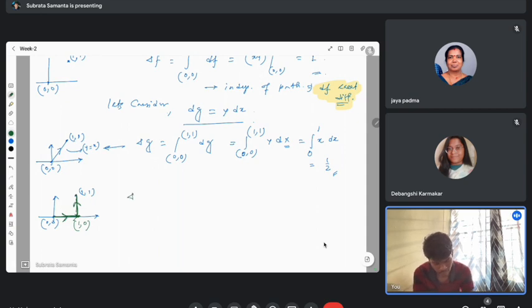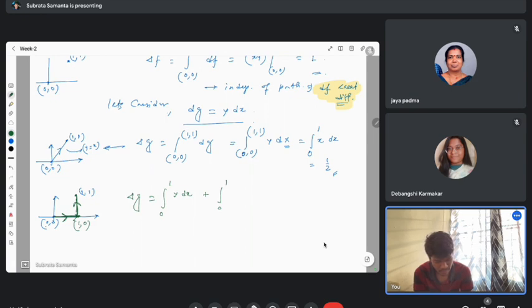So the same thing, if we change the value, from 0 0 to 1 0, that means 0 to 1 only x varies, integral y dx, plus 0 to 1 where y varies. In the first path, x varies, so the x limit is 0 to 1.